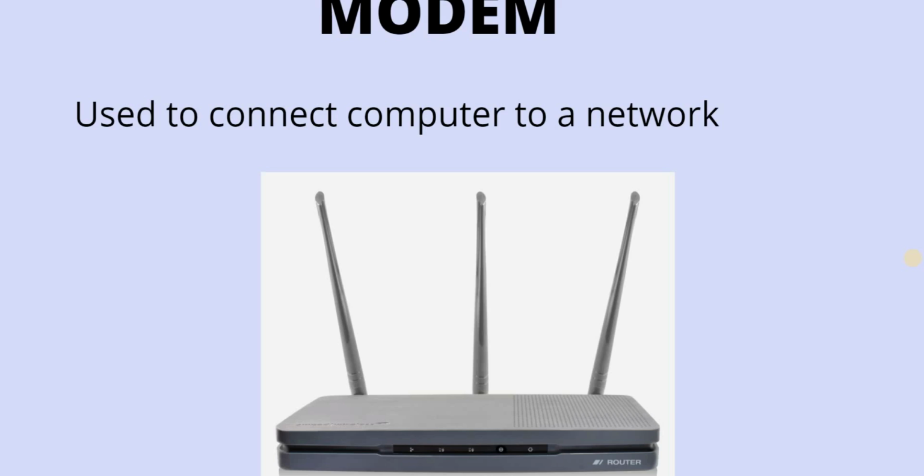Modem does two things. When computer sends something on network, modem will convert data into a form so that it can travel over a telephone line. It is called modulation of data.